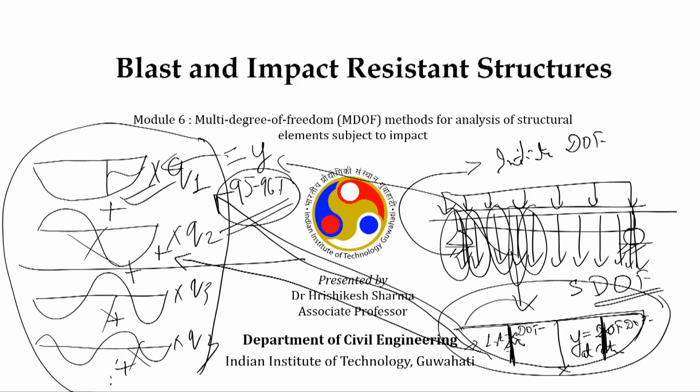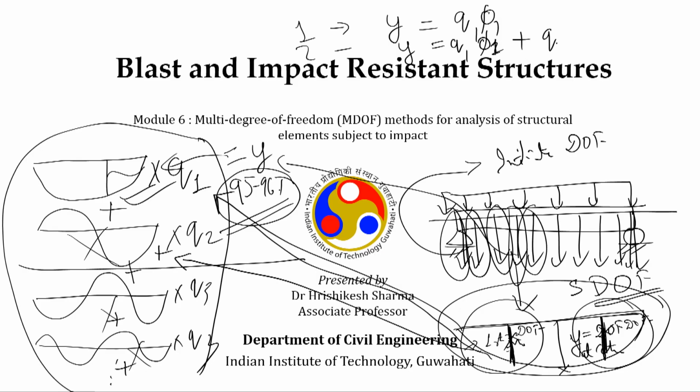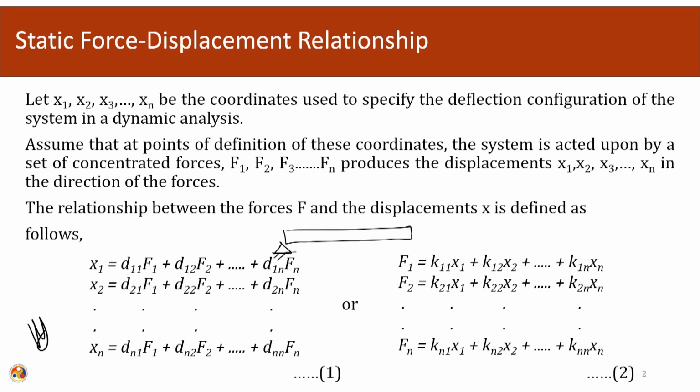So, this was our analysis for the 2 degree of freedom system. For a single degree of freedom system, y is a combination of q1 and phi1, and for a 2 degree of freedom system, y at any given instant is a summation of the contribution from the first mode and the contribution from the second mode. Now, we are extending this analogy to calculate y for a multiple degree of freedom system.